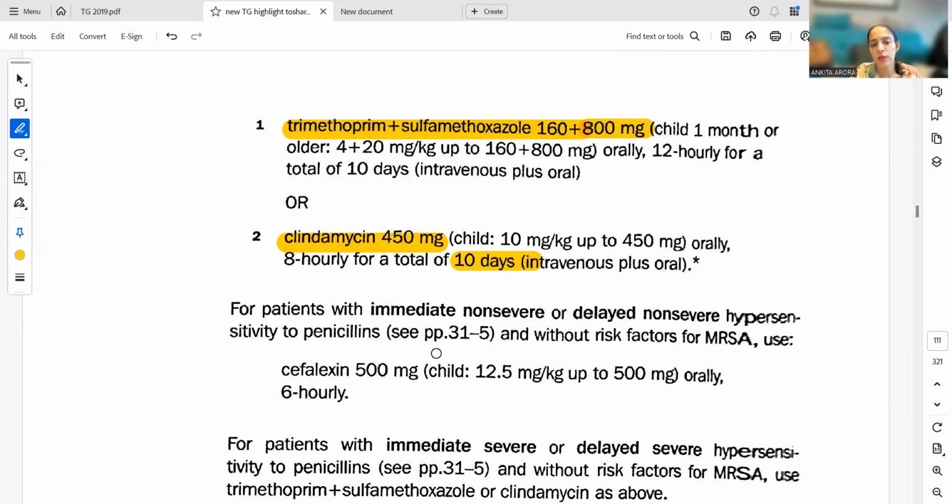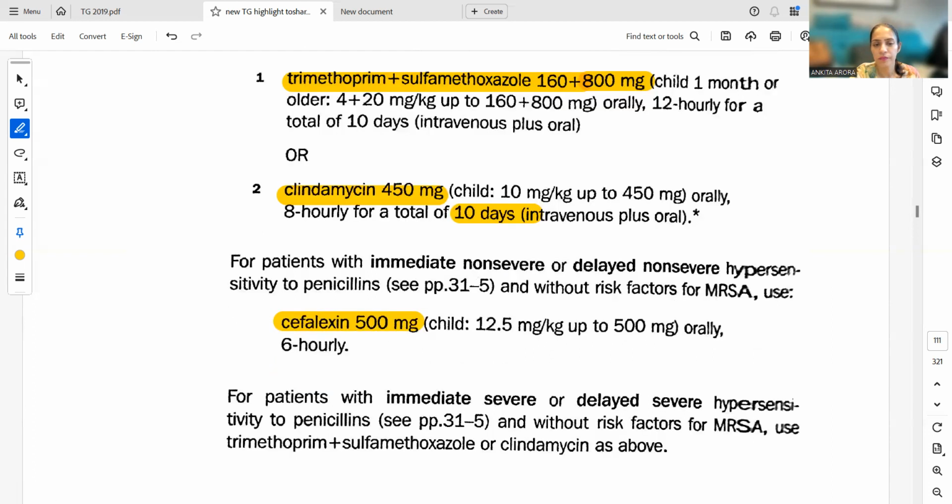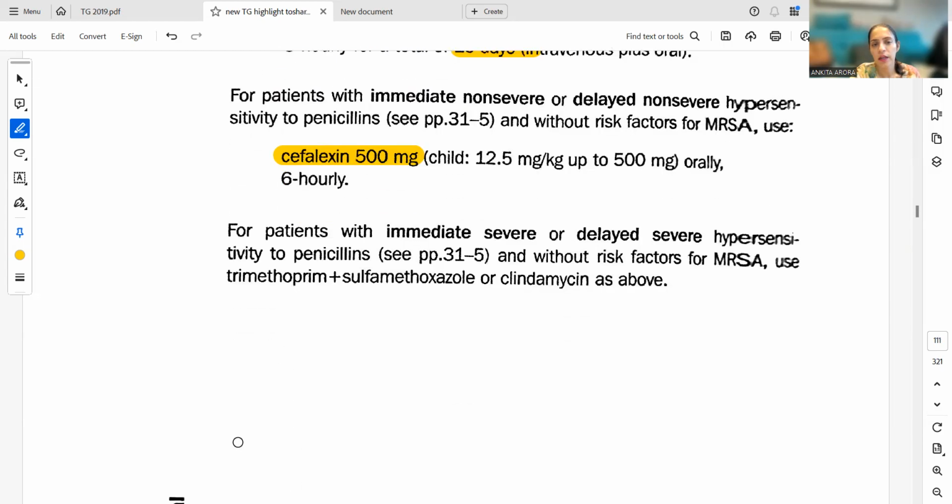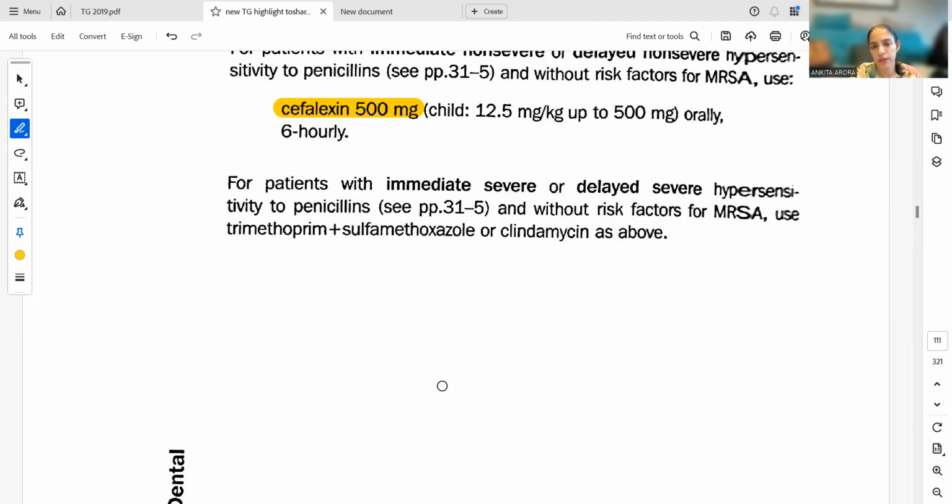Then for patients with immediate non-severe or delayed non-severe hypersensitivity to penicillins and without risk factors for MRSA, use cephalexin 500 milligram orally, 6 hourly. For patients with immediate severe or delayed severe hypersensitivity to penicillins and without risk factors for MRSA, use trimethoprim and sulfamethoxazole or clindamycin as above.